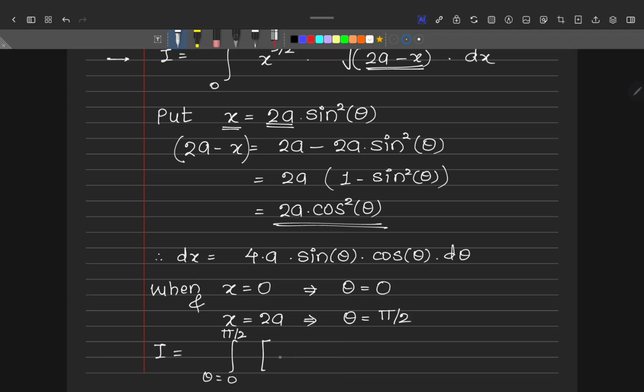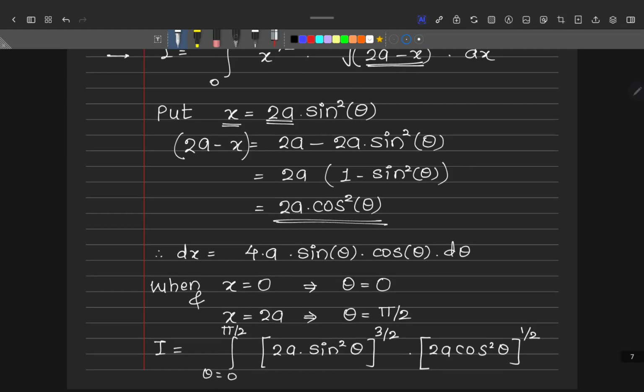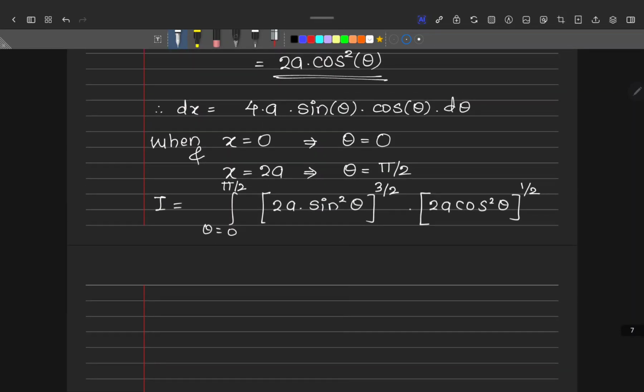The first term, the value of x, will be 2 times a into sine square theta raised to 3 by 2, into the next part, the value of 2a minus x, which is 2a cos square theta raised to 1 by 2. Then the value of dx, so we put that value here, which is 4a sine theta into cos theta into d theta.